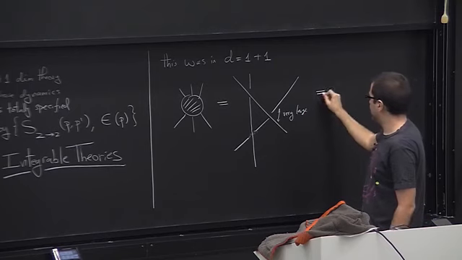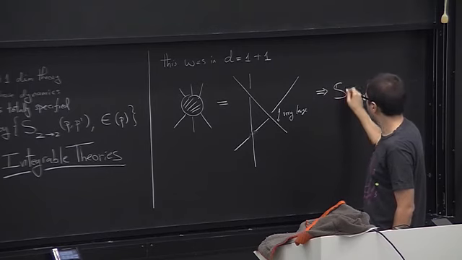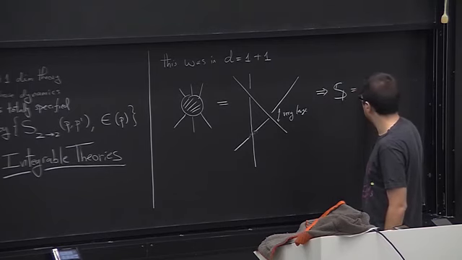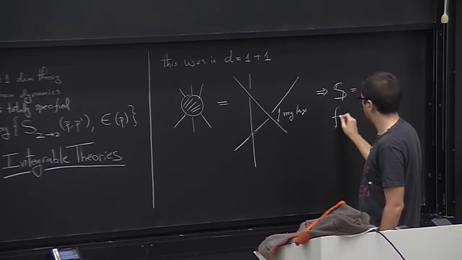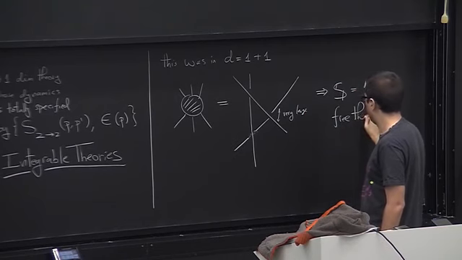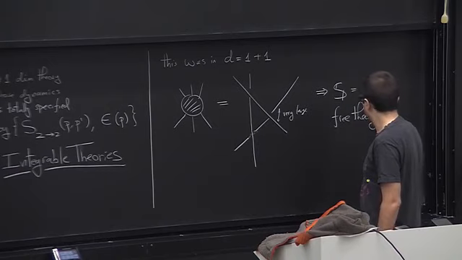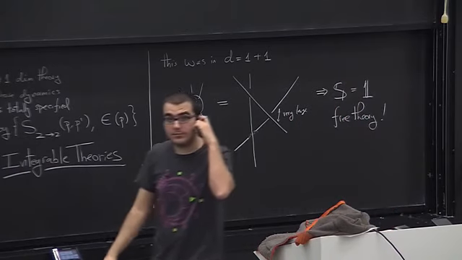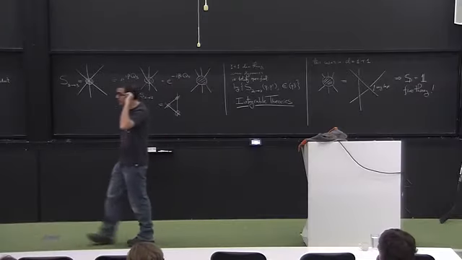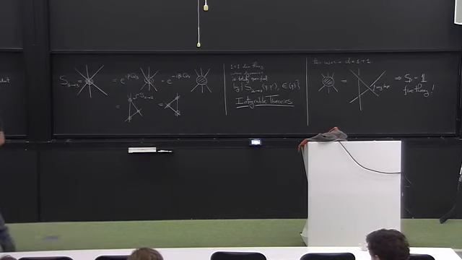So the S matrix, if we start adding too much symmetry, is just 1, and we get a free theory. So if we try to add too much symmetry, we are dead. The theory is free.